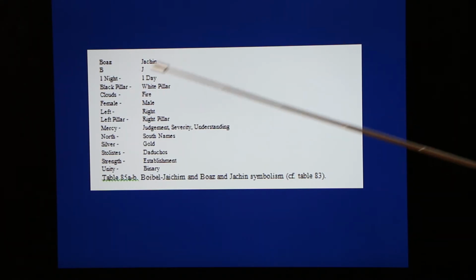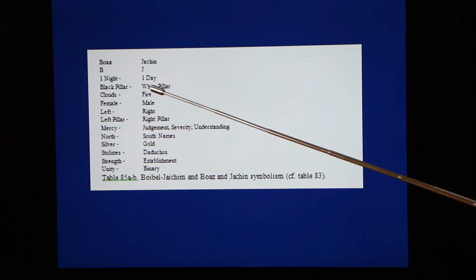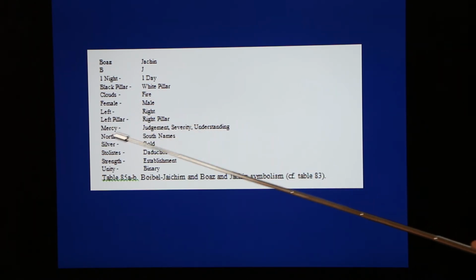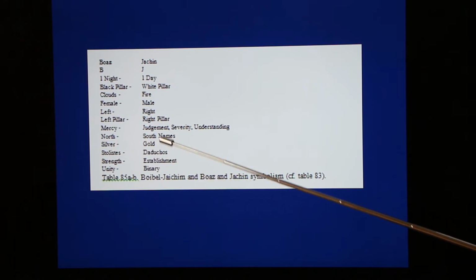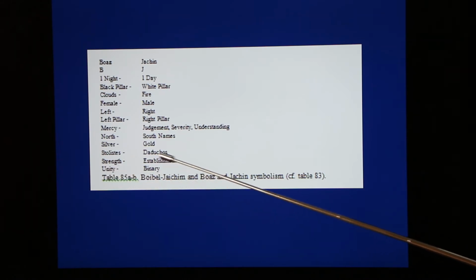And the one column is black and the other column is white. One is night, one is day, one is clouds, the other is fire, the one is female, male, left, right, pillar, mercy, judgment, north, south, silver, gold, strength, establishment, unity, binary. So what begins as 2 letters becomes 2 columns, and the 2 columns are the foundations not only of a temple, but in fact the whole of the universe.